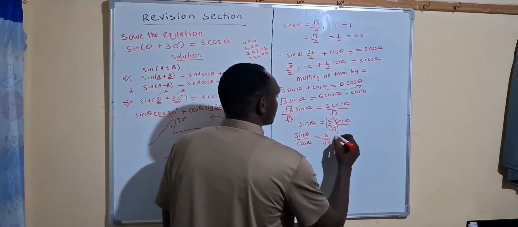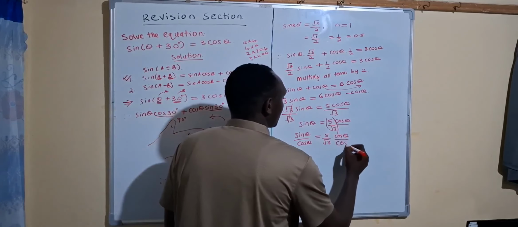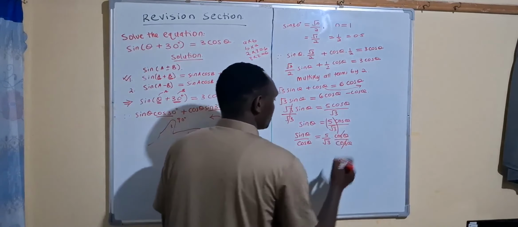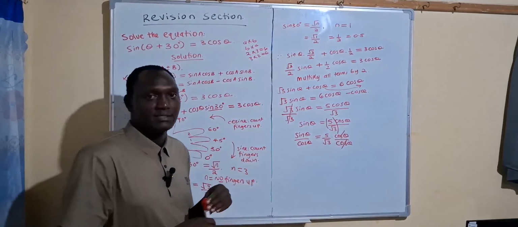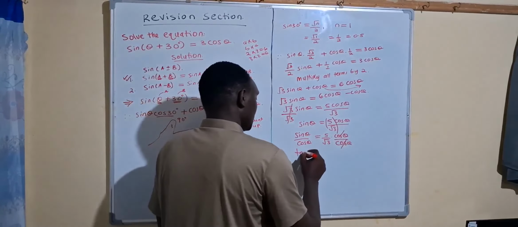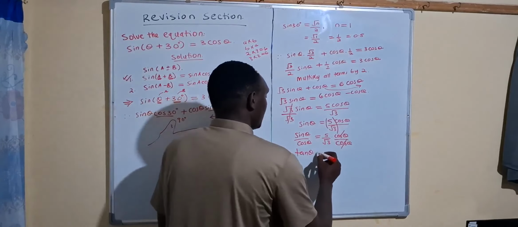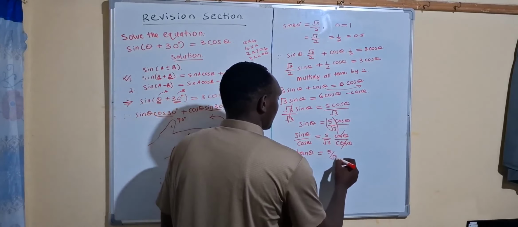And then I'm multiplying this by cos of theta, and I'm dividing both sides by cos of theta. This and this are going to cancel and give us 1, which does not make any change, because 1 times any number is that number. So what is sine theta divided by cos theta? That gives us tan of theta equals to 5 out of root of 3.